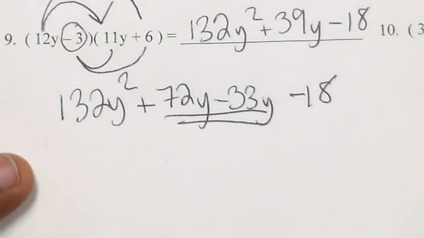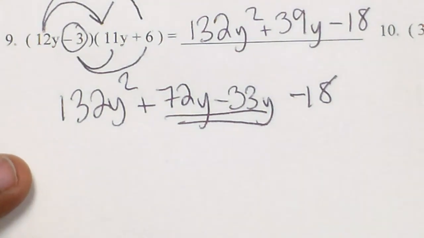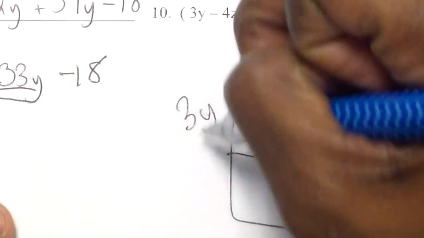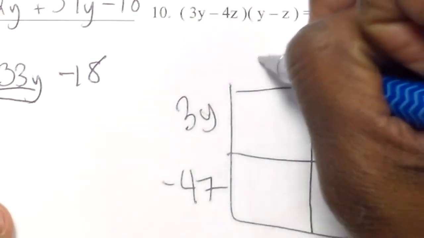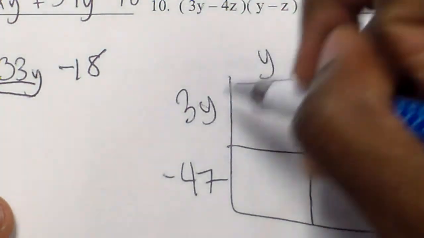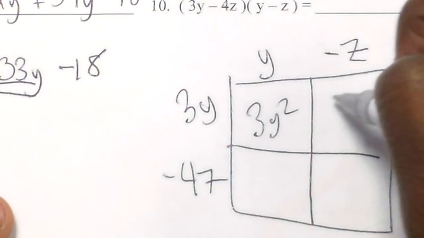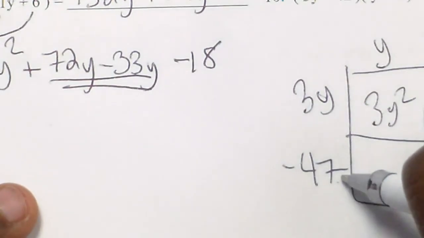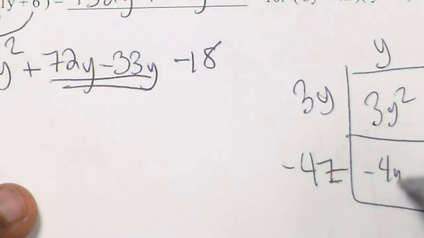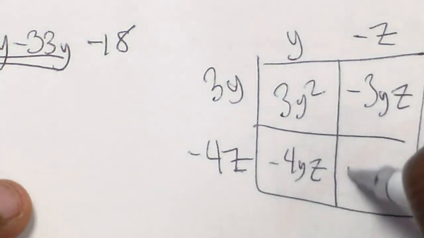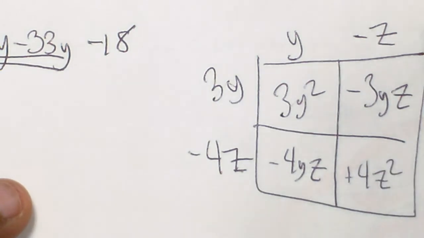Alright, I'll do number 10 using the window pane. And we get 3y minus 4z and y minus z. You should have multiplied and got 3y squared, negative 3yz in alphabetical order, negative 4yz, and then two negatives make a positive 4z squared.